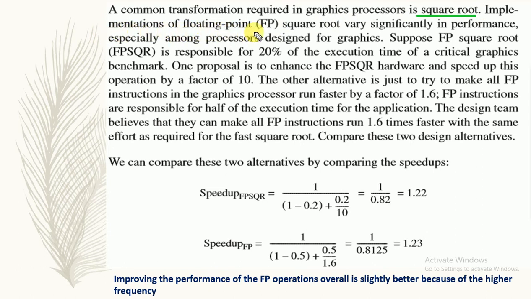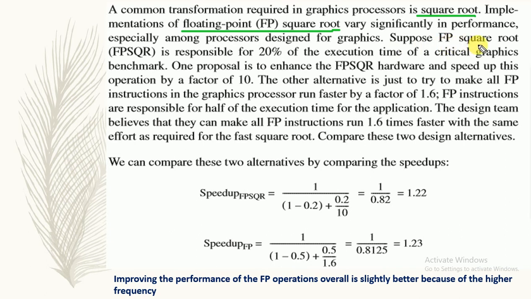Implementations of floating point square root vary significantly in performance. So square root on floating point values. I am underlining only the important portions, especially among processors designed for graphics. So floating point square root is a very crucial operation in that.